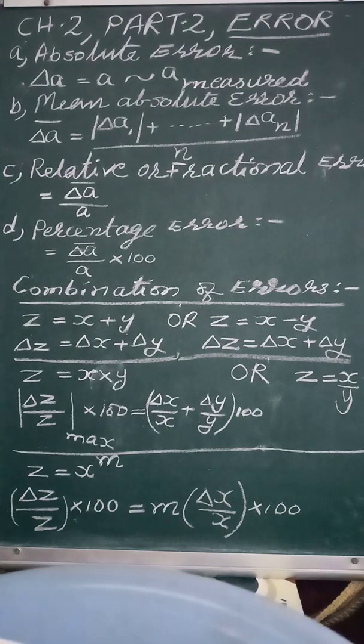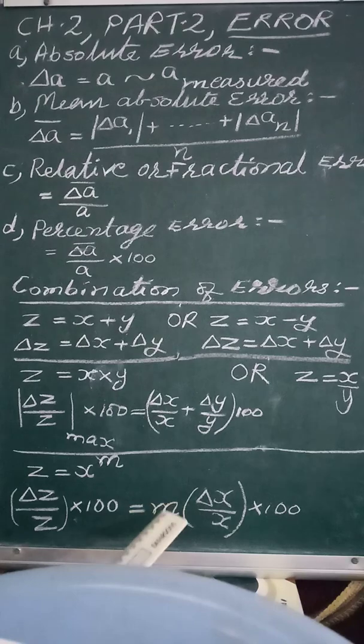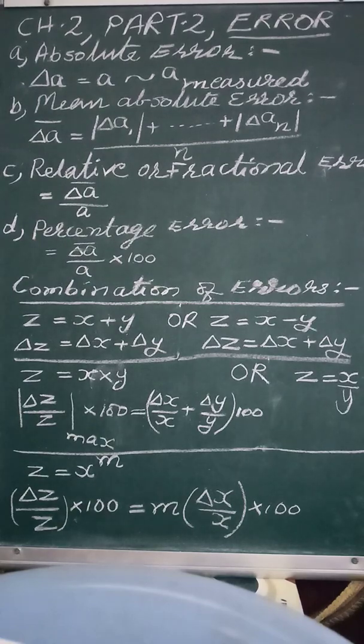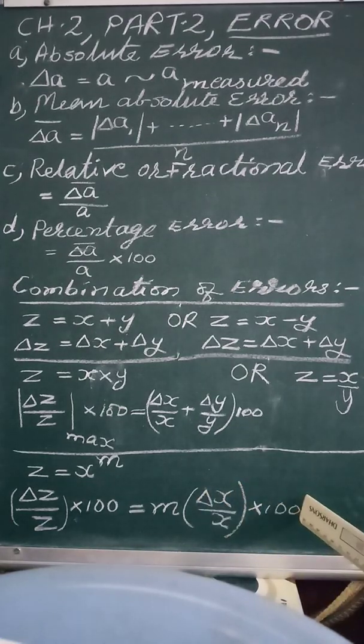Now come to the last one, that is the power. Operation here is power. So you can see the power term is multiplied with the percentage error, that is the fractional error. Multiplying the error of the quantity. What type of error? This is the percentage error.